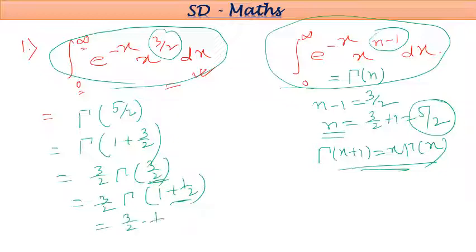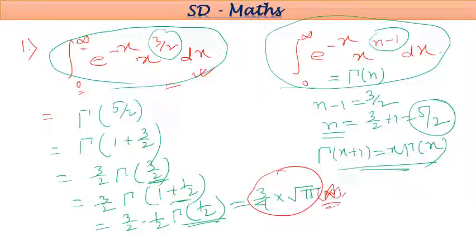So 3 by 2 times 1 by 2 gamma half. Now it will be 3 by 4 into gamma half. Gamma half means root pi. Therefore our answer will be this. This is the answer. Right, a very simple problem. And so we will go for the next problem.